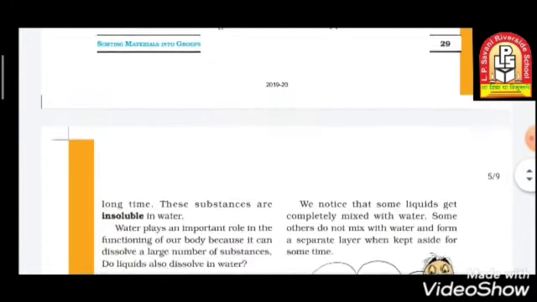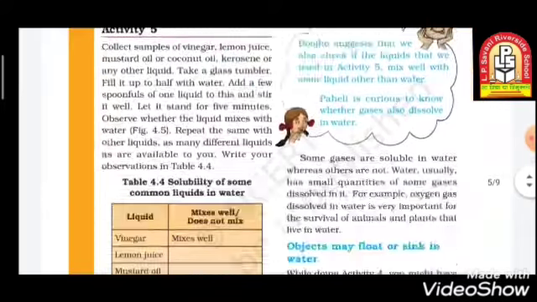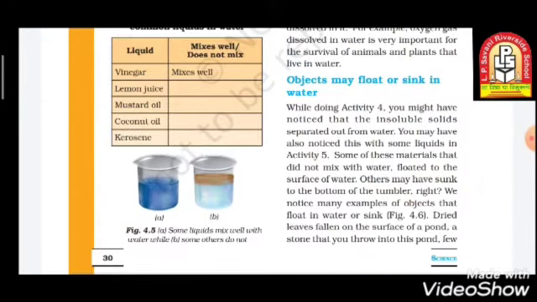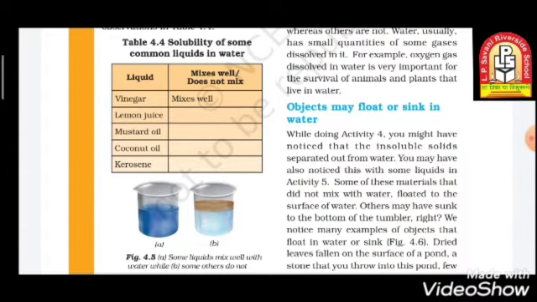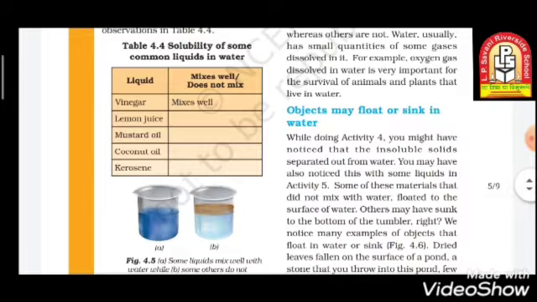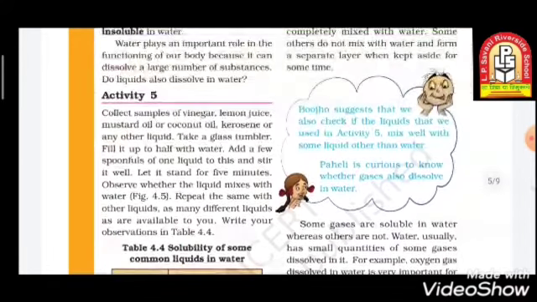Along with that, we have also studied that not all solids can be mixed, and we also have some liquids which do not mix. For example, water plays a very important role in the functioning of our body. In the same way, not all substances get dissolved in water. Some materials get dissolved in water while some do not.